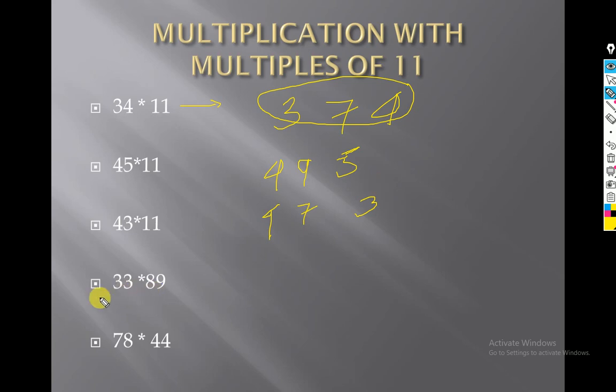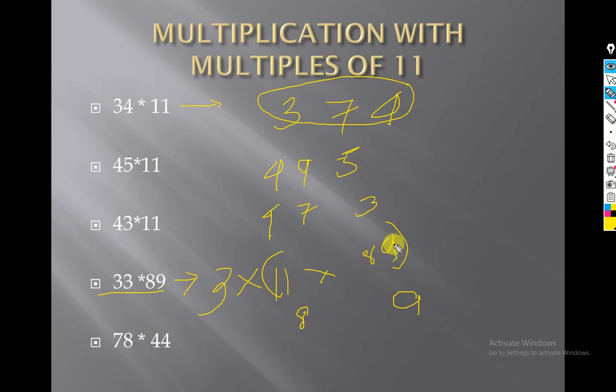Now this one. If you see this to be 33 into 89, that's a mistake. It is 33 into 89, but first you need to break it: 33 into 3 into 11 into 89. Now this is easy. Write 9 over here and 8 over here.